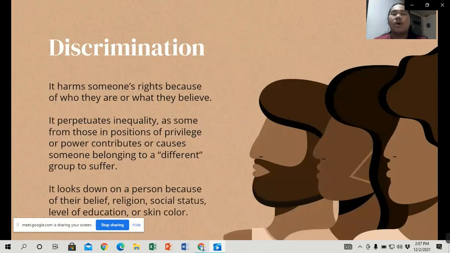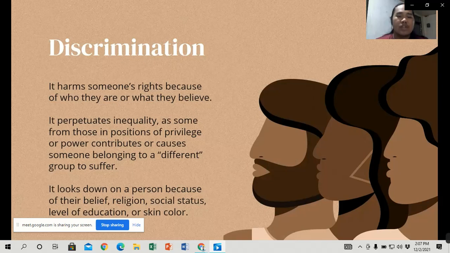When we talk about discrimination, it is something experienced by people, especially those from minorities or those who are looked down upon by people in power. The rights of the people are harmed, and everything that they have is in danger or at risk from someone.